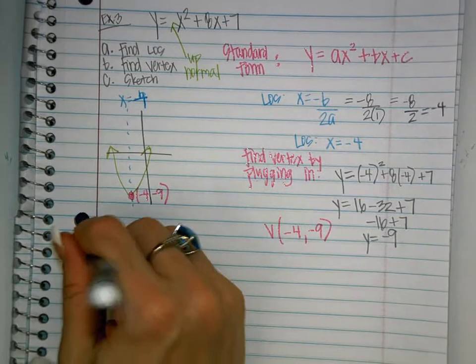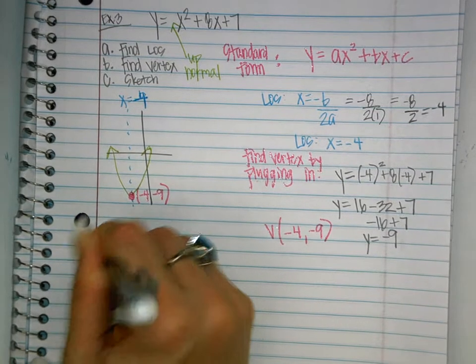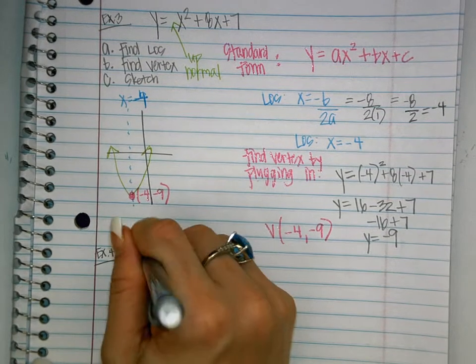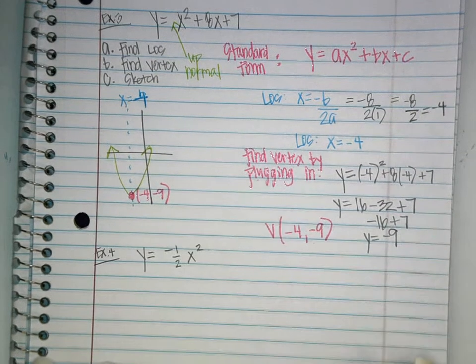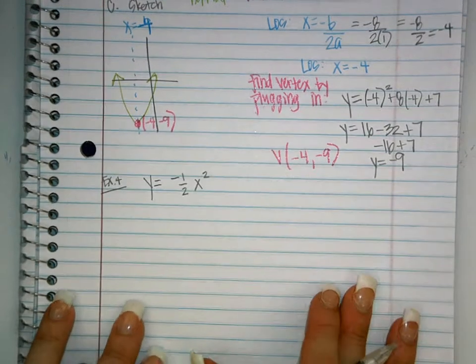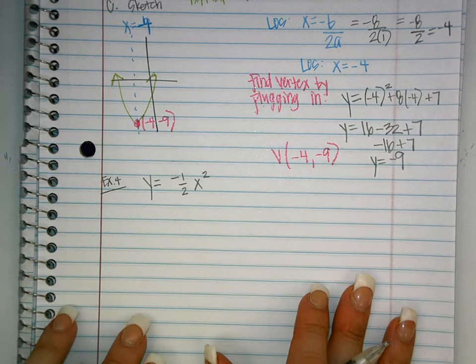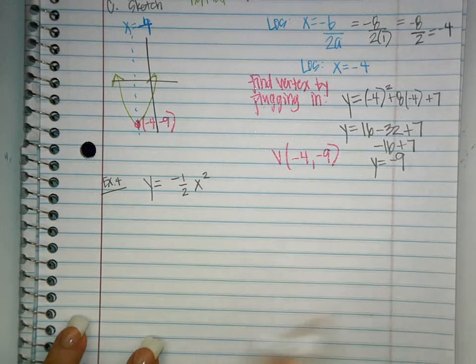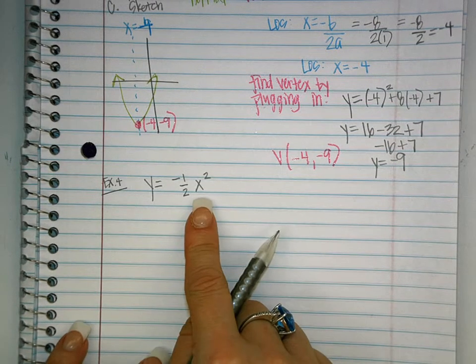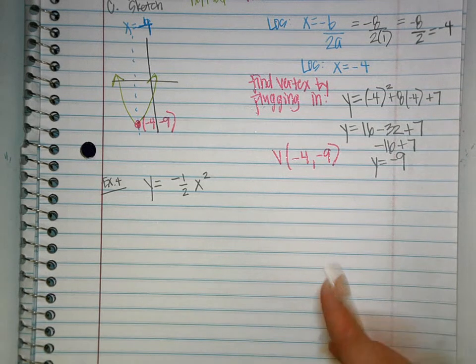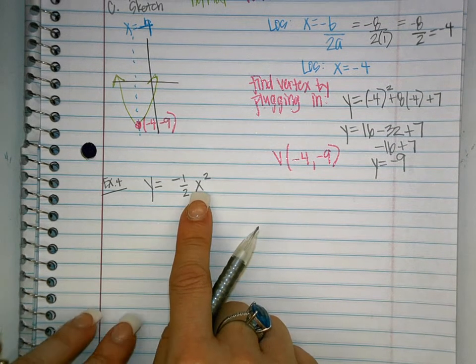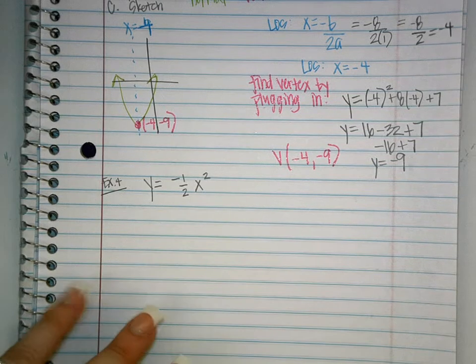Last one, example number 4. If I give you the equation y equals negative 1/2 x squared, would you say that this is in standard form or descriptive form? Technically, it's standard form right now. But whenever there's things missing, it's pretty easy to change it into descriptive form.